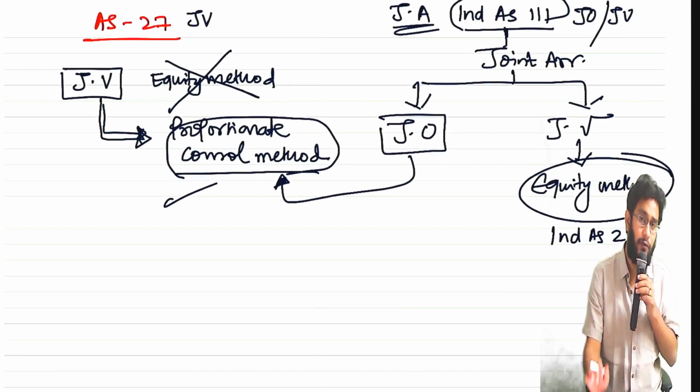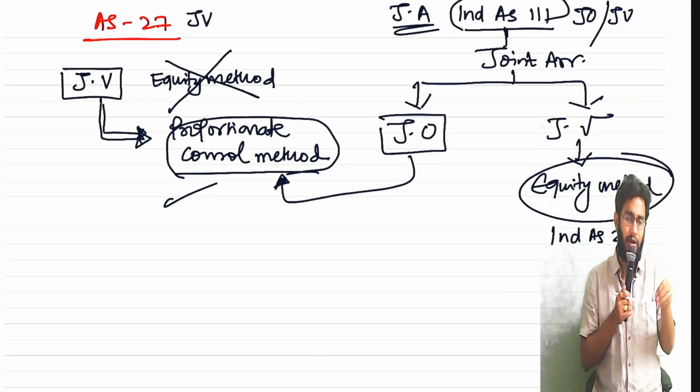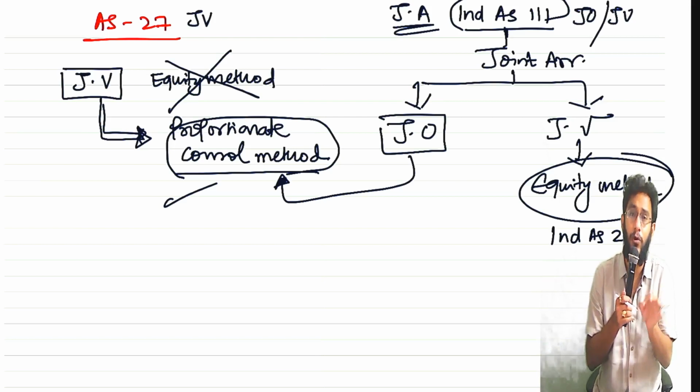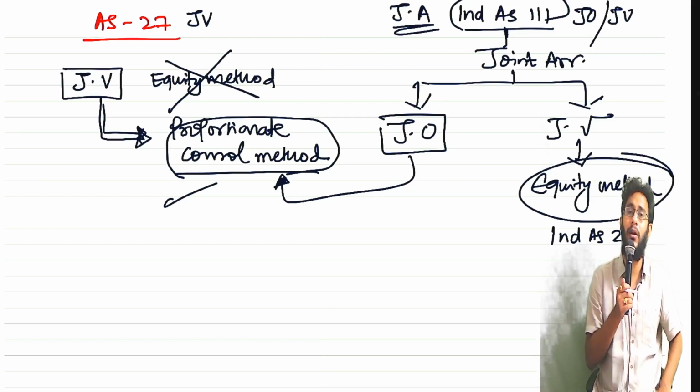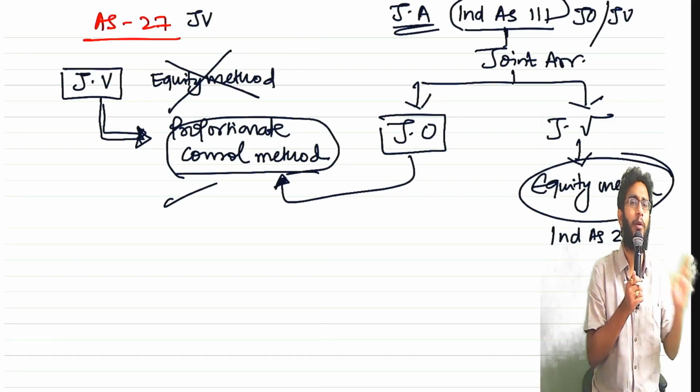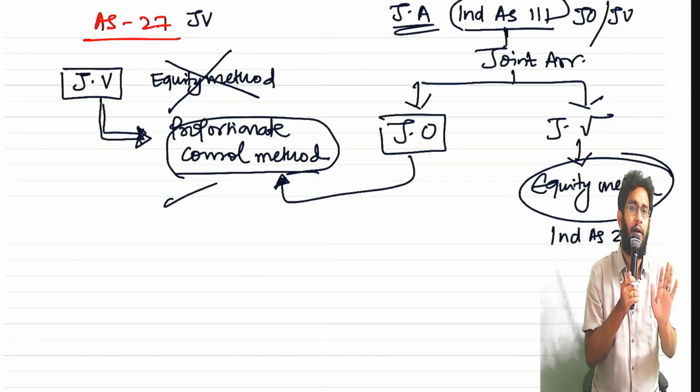Under Ind AS, you have to evaluate whether the arrangement is classified as a joint operation or a joint venture. If it is classified as a joint operation, then there is no problem. Why? You already applied the proportionate consolidation method, and now also you will continue with that. Migration will be no issue at all.